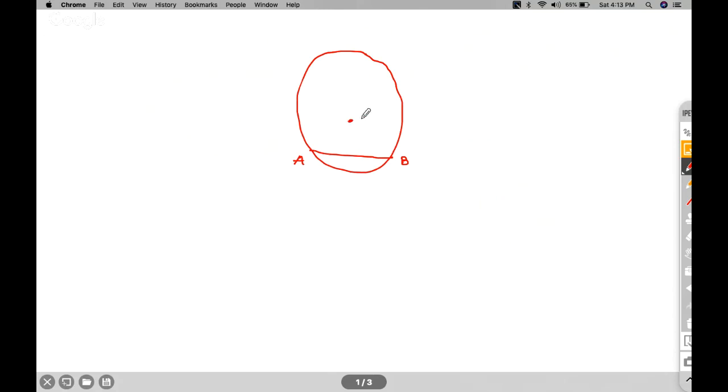This is center O. So I have this angle I am assuming to be Z. Then I have something like this, and then something like this.